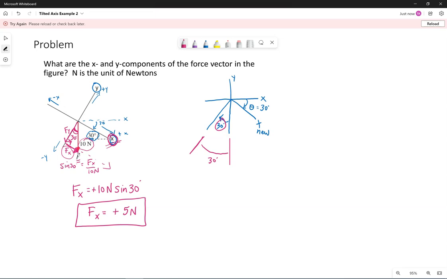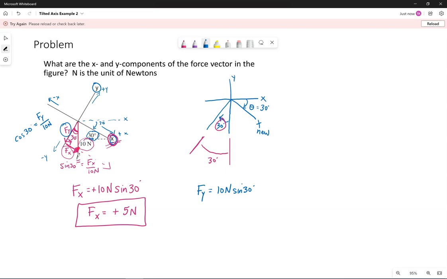The y component over here is adjacent to the 30 degrees. I can say the cosine of 30 degrees is equal to this adjacent side, which represents the y component of the force, divided by the hypotenuse. So the y component of the force, at least the numerical value, is 10 newtons times sine of 30.